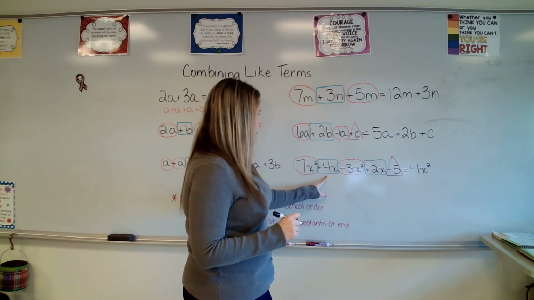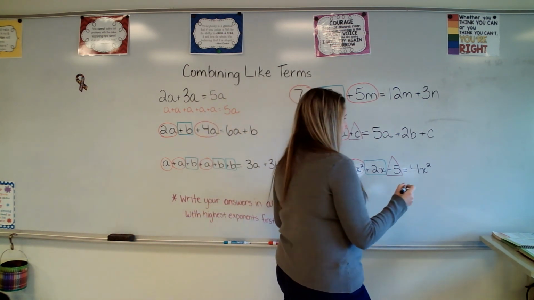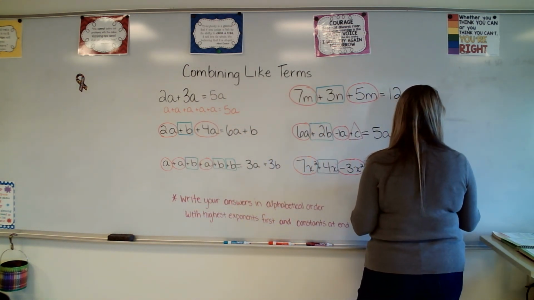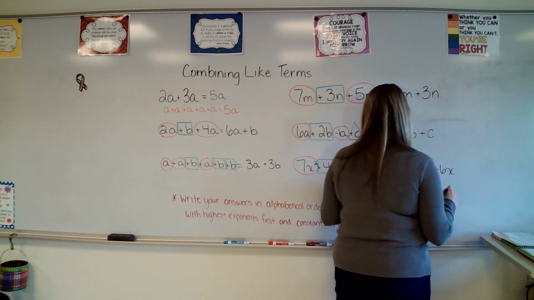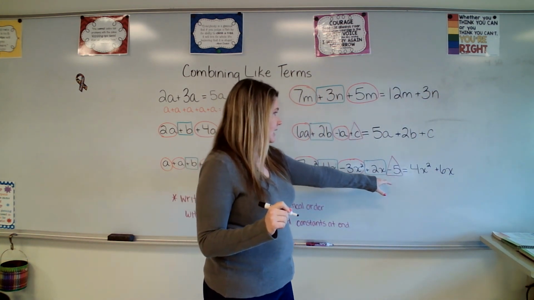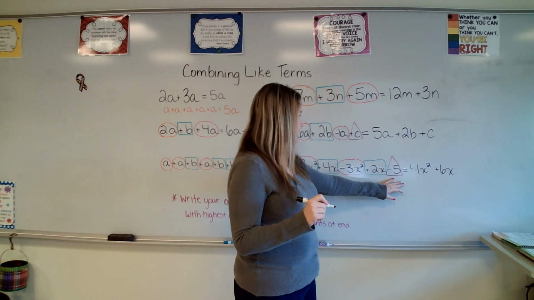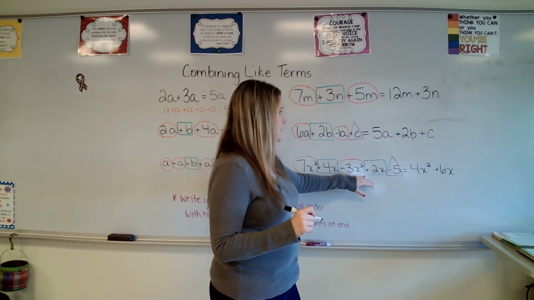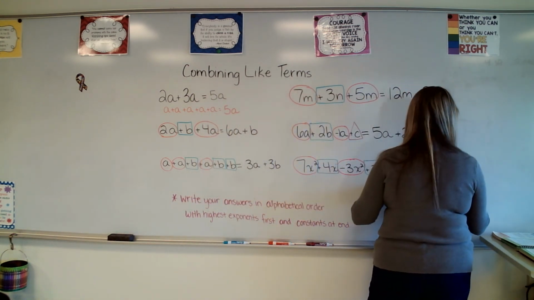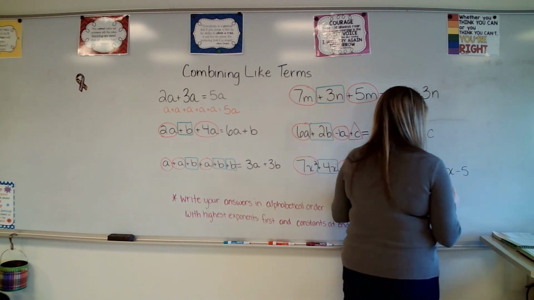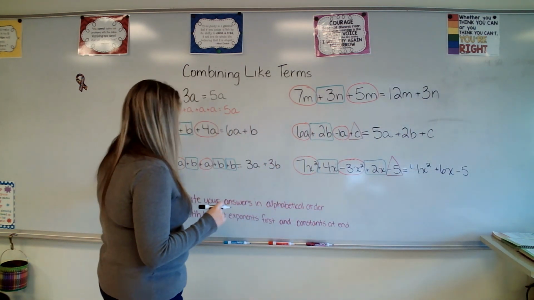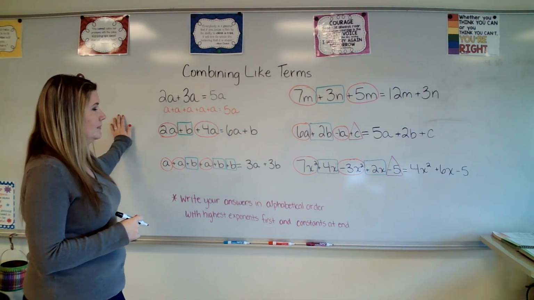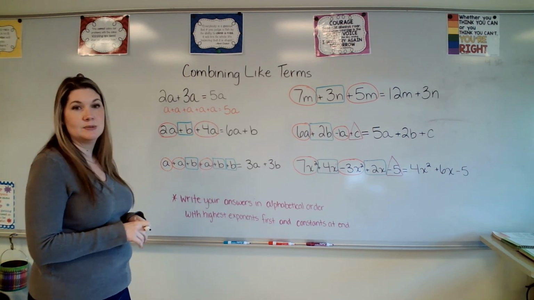I have 4x plus 2x. If I add those together, I get 6x. And I have a constant at the end. I have a negative 5 or a minus 5. There are no other constants to combine that with, so I just keep it as is. Now, remember, when you're looking at these equations, we simplify them by combining any like terms we have in the equation.